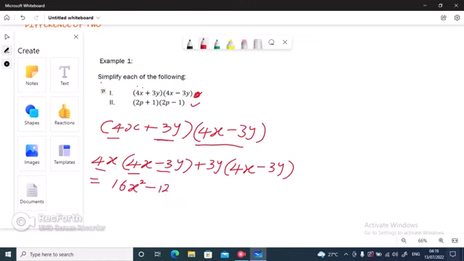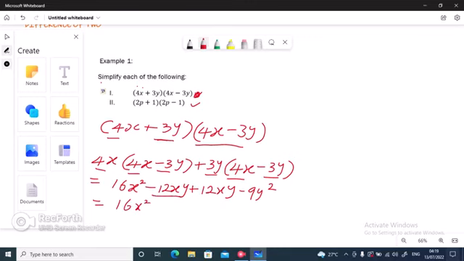Our 4x times our minus 3y, we have minus 12xy. Then our 3y times our 4x, we have plus 12xy. Our 3y times our minus 3y, we have minus 9y squared.